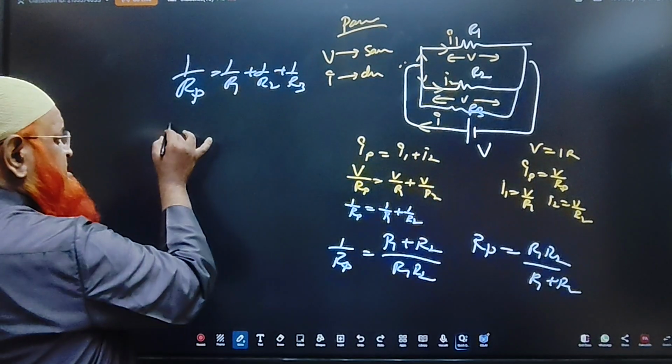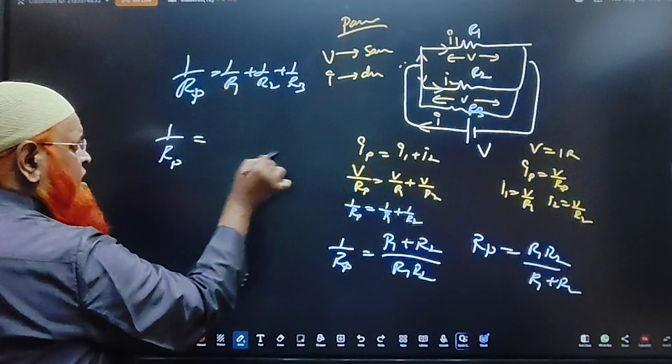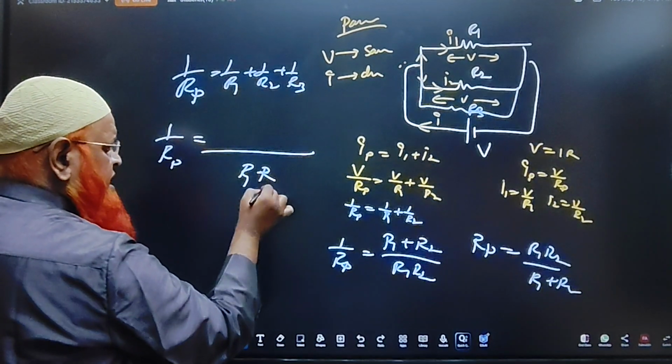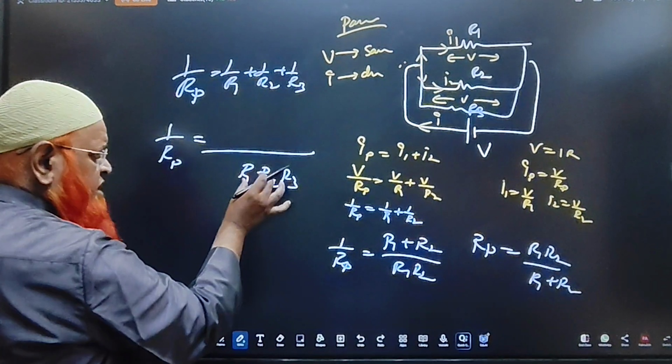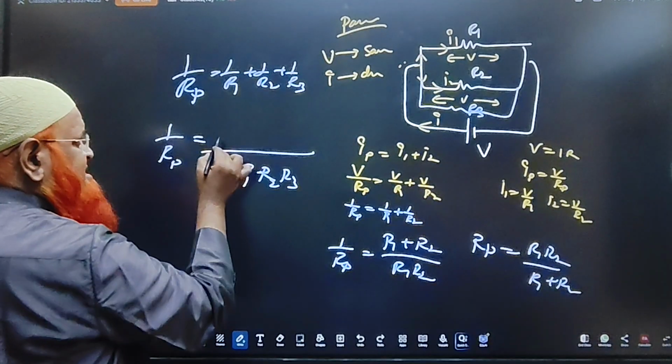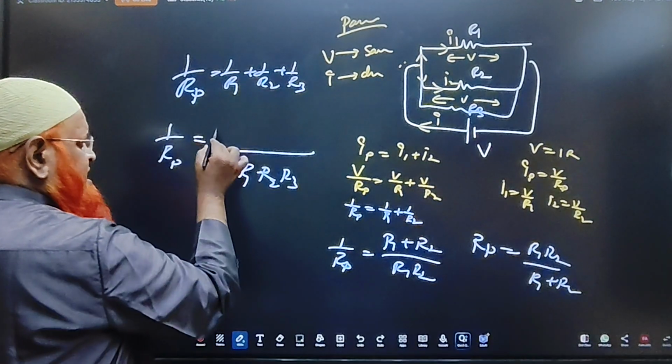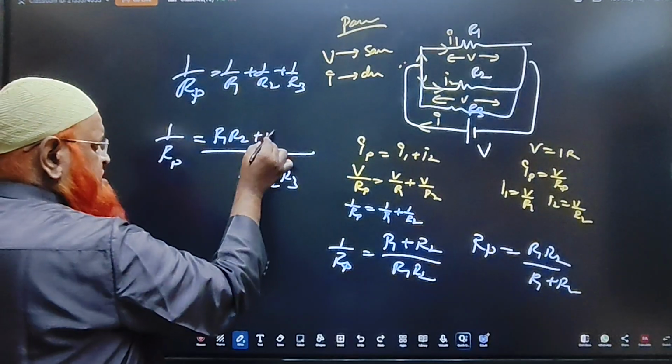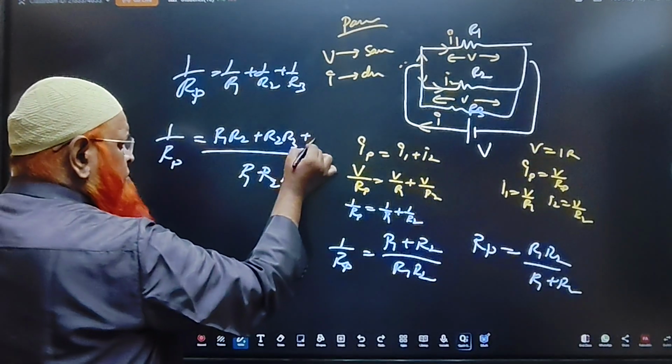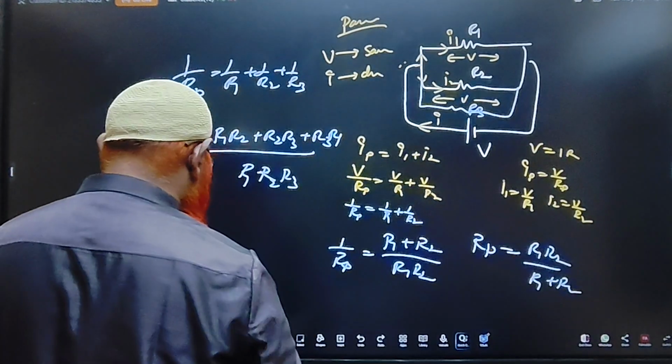So here it is for the three cases. 1 by R parallel is going to be, the LCM being just the product R1 R2 R3. If you common out R1, what is left? R2 R3 is left. So you can write R1 R2 plus R2 R3, and in order, plus R3 R1.